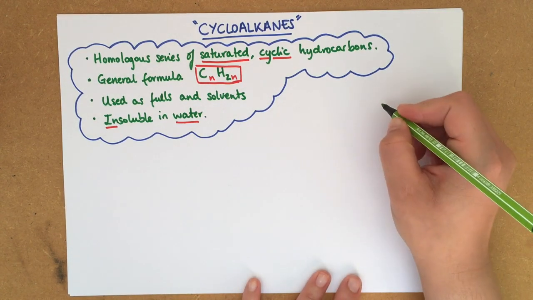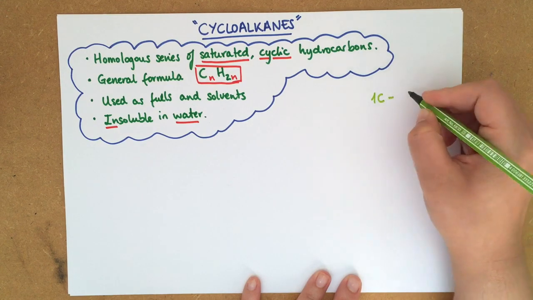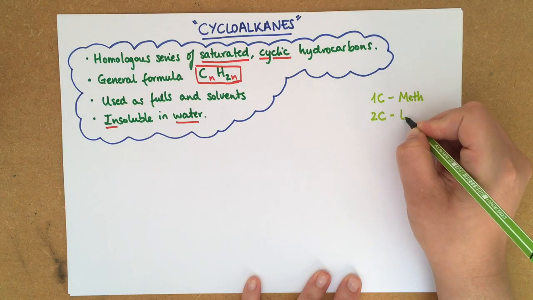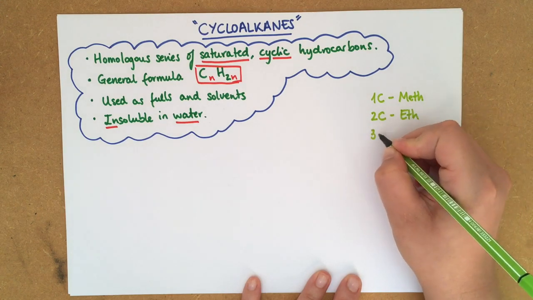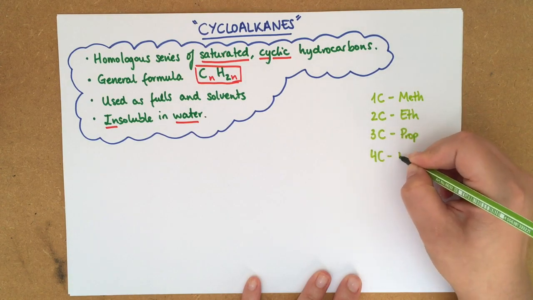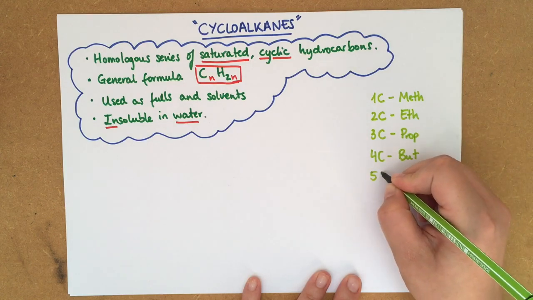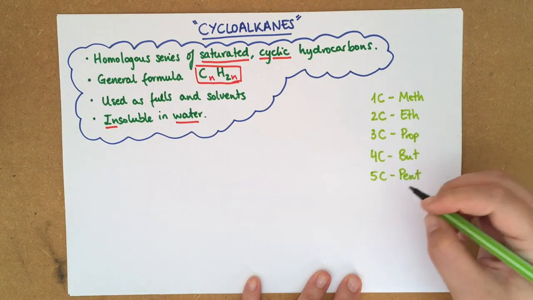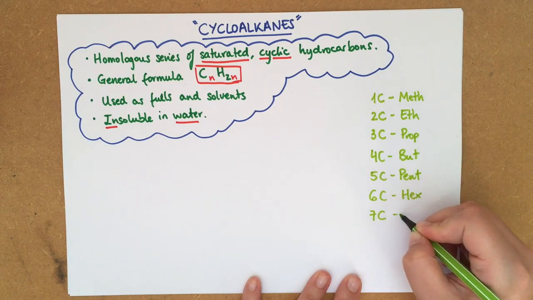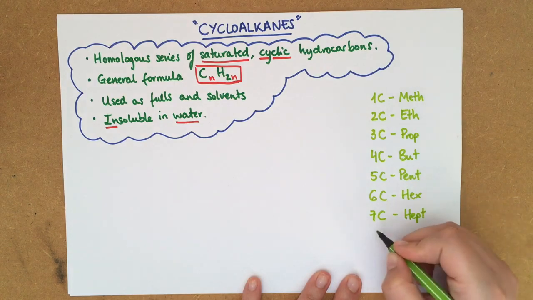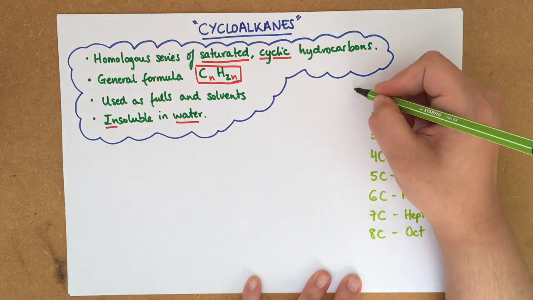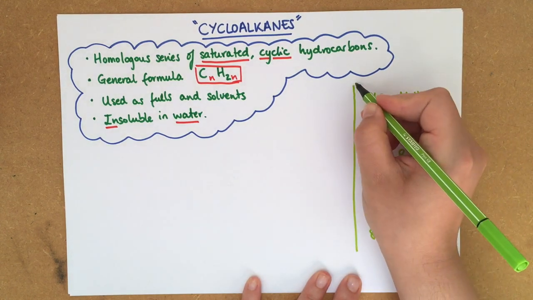So for 1 carbon, we're going to have meth, 2 carbons, eth, 3 carbons, prop, 4 carbons, but, 5 carbons, pent, 6 carbons, hex, 7 carbons, hept, and 8 carbons, oct. These are all the roots that we need to know.